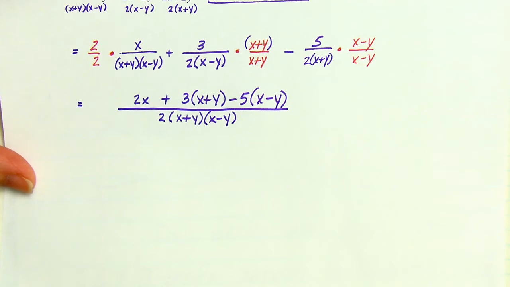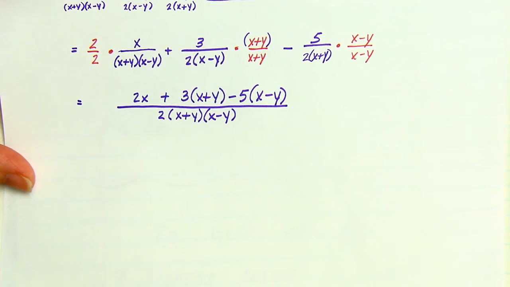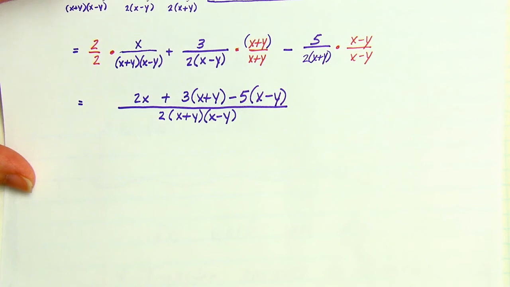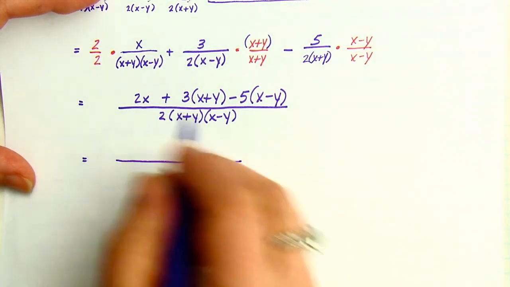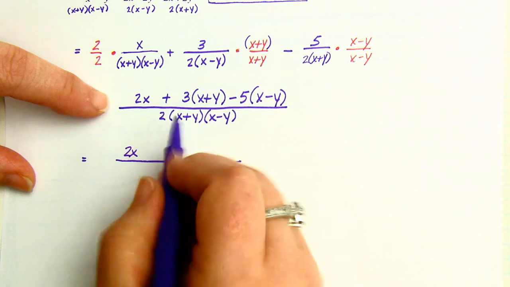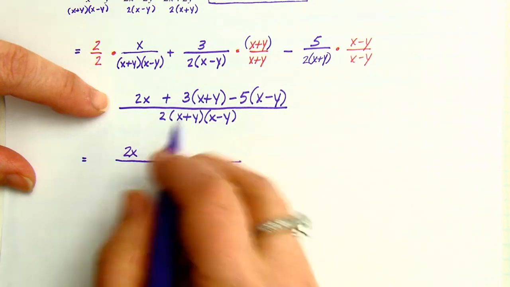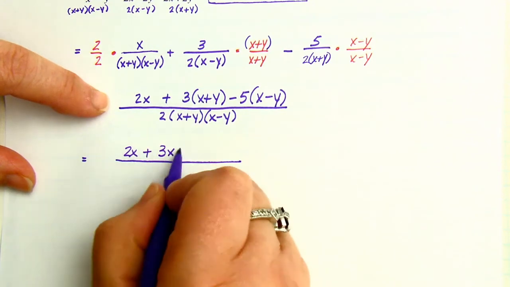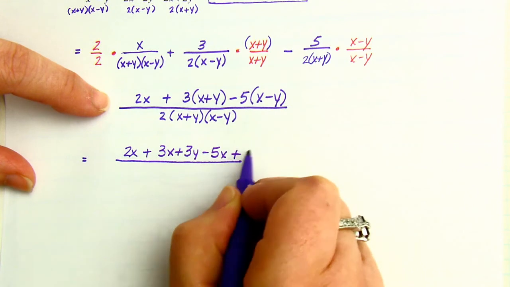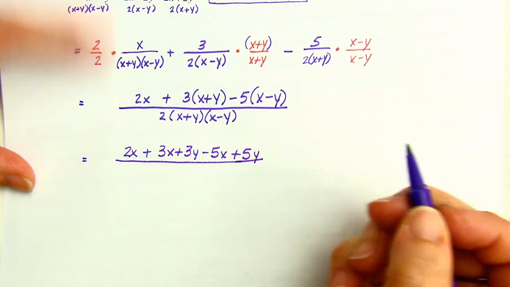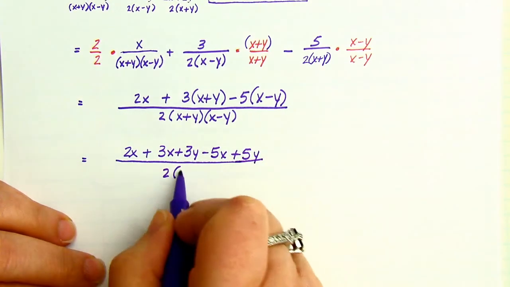The rest is just simplifying the top. So distributive property, I can't speak. 2x plus 3x plus 3y minus 5x plus 5y, all over the common denominator.